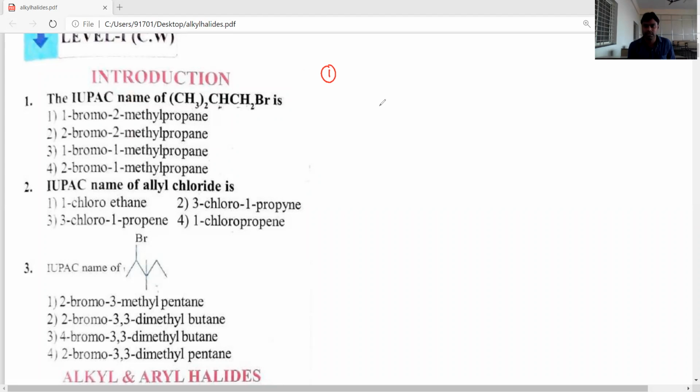See this CH3. Two CH3 groups are attached to CH. This is an isopropyl group, like its common name. CH2 bond Br. Okay. See this, what is the correct IUPAC nomenclature we need to write.